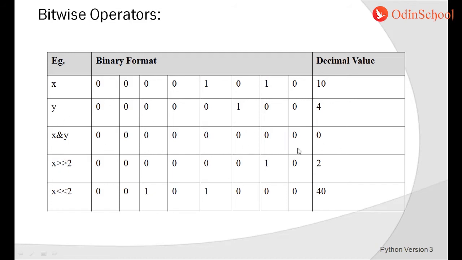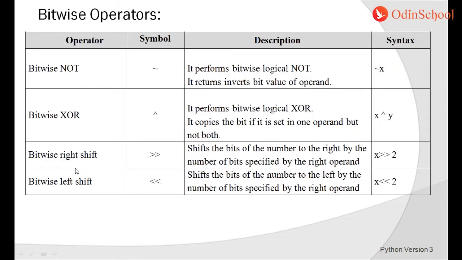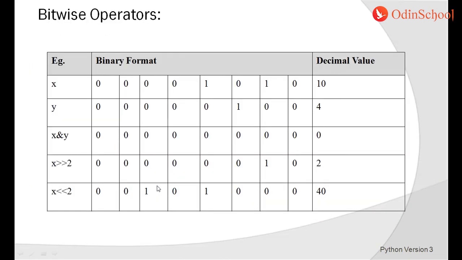So here all are zeros because there is no place where both conditions are true, or X and Y would be true. Here you can see this is mainly the right shift and this is mainly the left shift. Let's see the right shift.